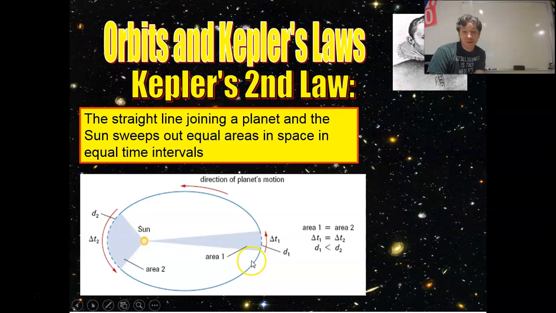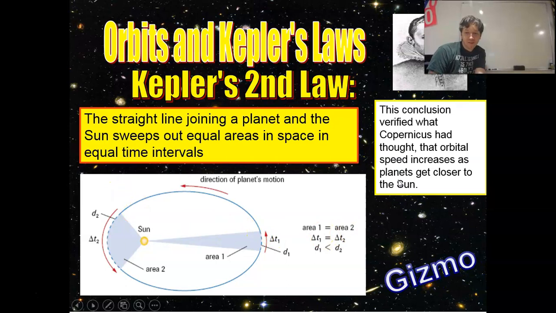And as it's all the way far away, where we can't see it anymore, it's moving very, very slowly. And it won't come back for maybe a couple hundred years, depending on the comet.